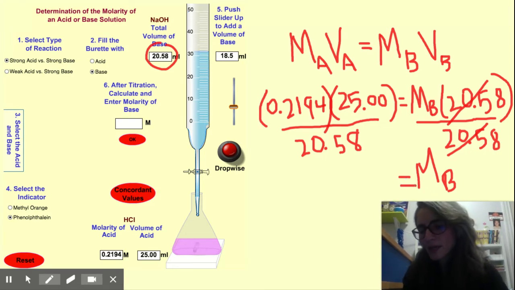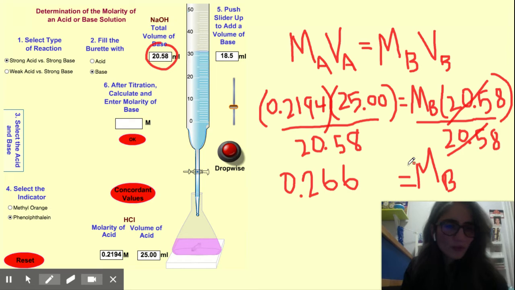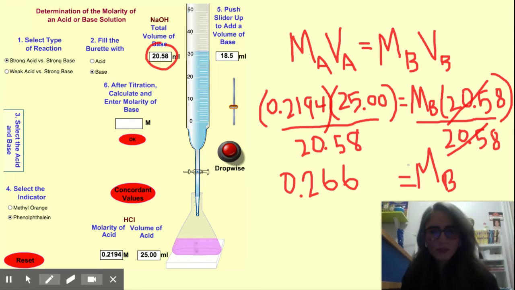And I'm going to say, okay, 0.2194 times 25.00, right? And now divided by what? 20.58. And I get a number. And it says 0.266 and a bunch of other numbers, but I'm going to keep just these three numbers, which should be just fine. You can do the same when you're doing it yourself.